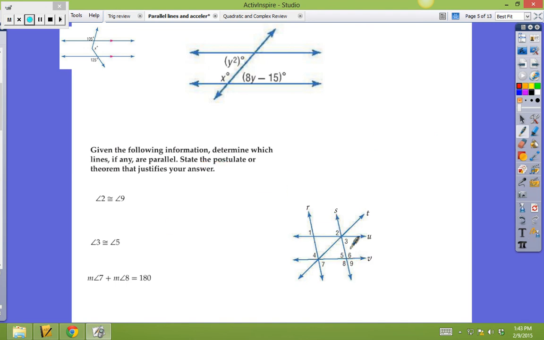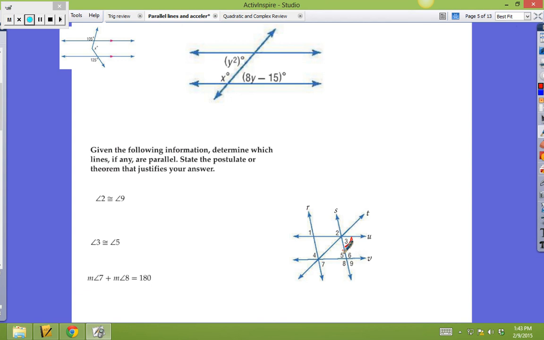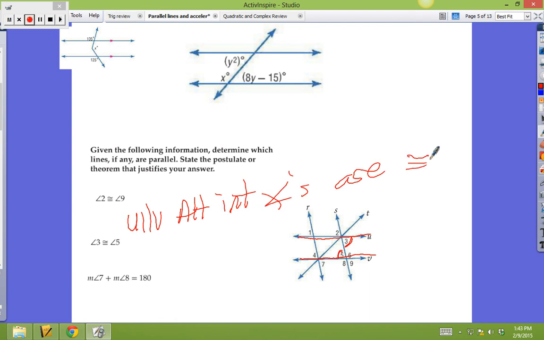So 3 is congruent to 5. 3 matches up with 5. I think it's the same lines, line U and line V. So 3 and 5, U is parallel to V because alternate interior angles are congruent. And that only happens on parallel lines.